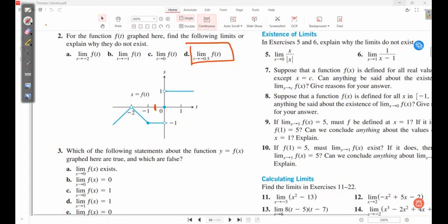What do you think is the limit as we are about negative 0.5? We are waiting to hear the truth.